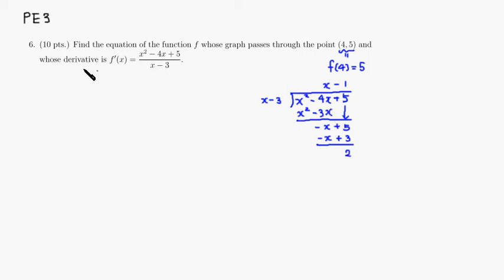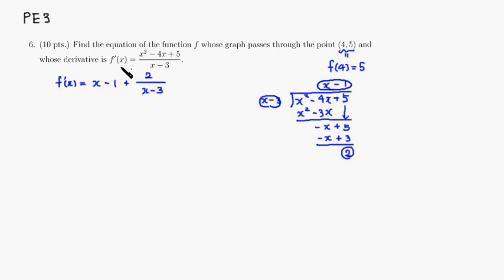Which means that we can rewrite f prime of x this way. First, you put the quotient, which is x minus 1, then plus the remainder 2 on top, and the divisor x minus 3 on the bottom.